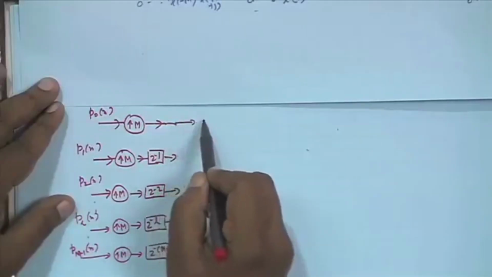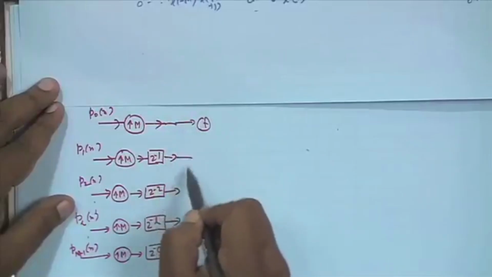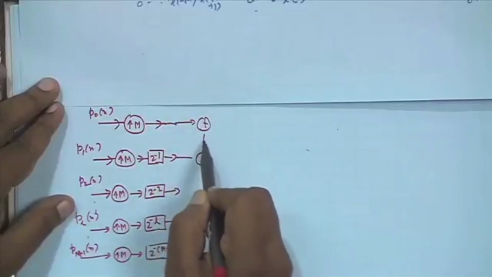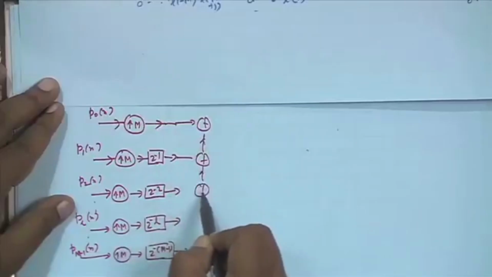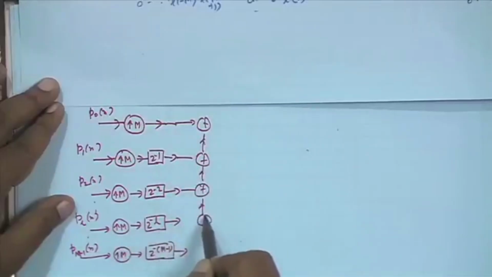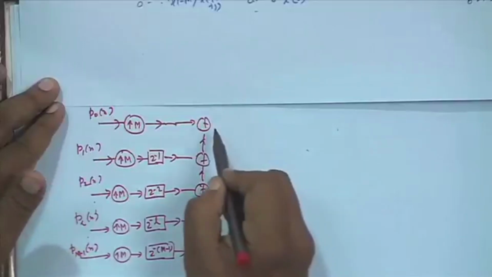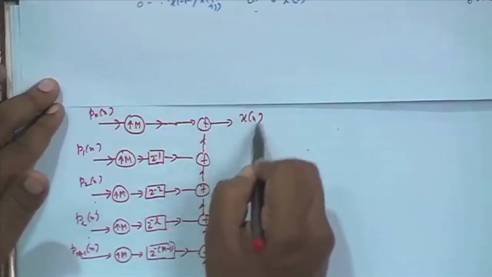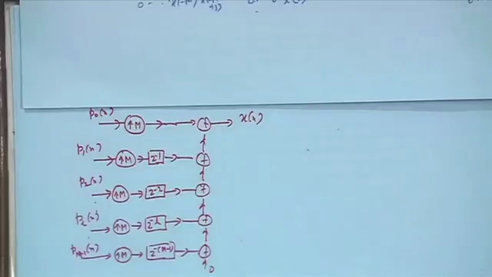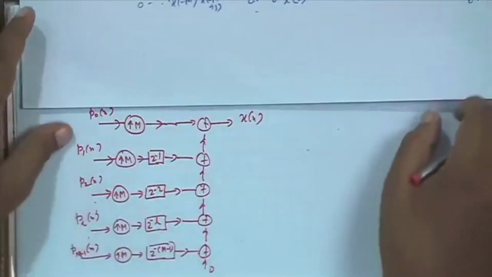If I add this with this, and this with them, so this way if you go on adding, this adder of course is not required anyway, because this is a 0. This will be your xn. All right.